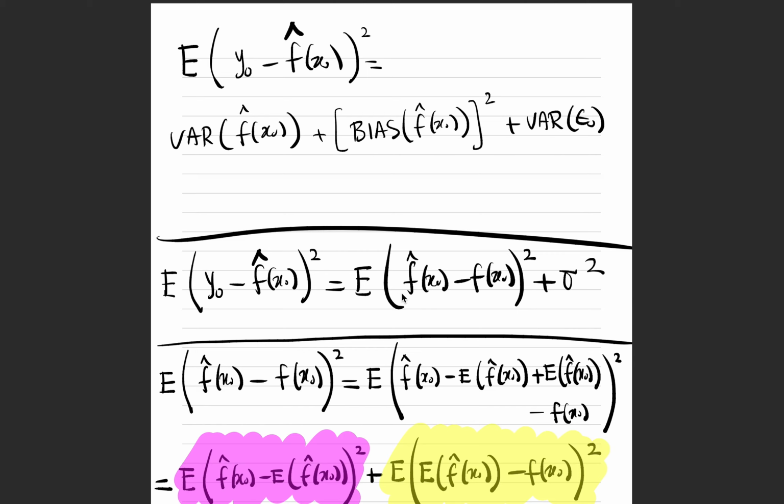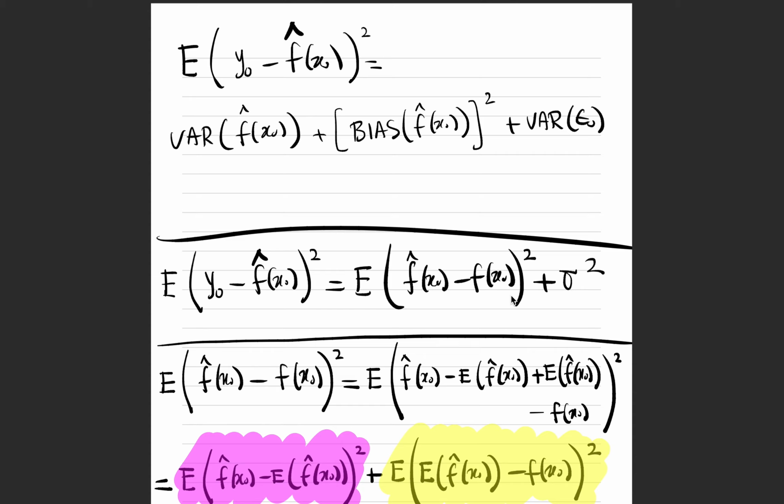plus the expected value of the difference between the estimate and the function itself. Now I want to show that this part can itself be broken down into two other pieces, the bias and the variance.